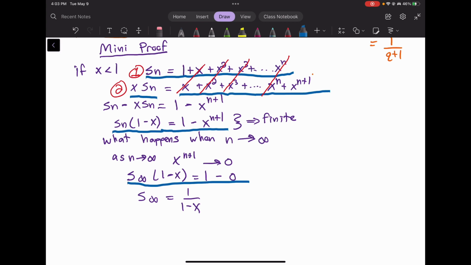And then what I did here was divide both sides of the equation by 1 minus x, and that left me with this equation. S of infinity is equal to 1 over 1 minus x. So that's what happens to a sum when x is less than 1 as it goes to infinity. And the way this relates to our equation E is that our x is basically going to be 1 over q plus 1.